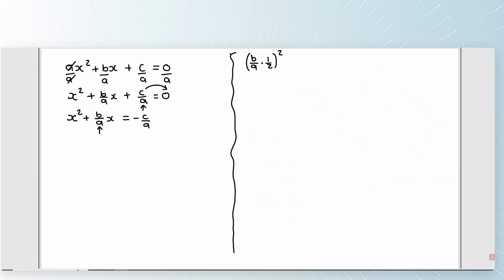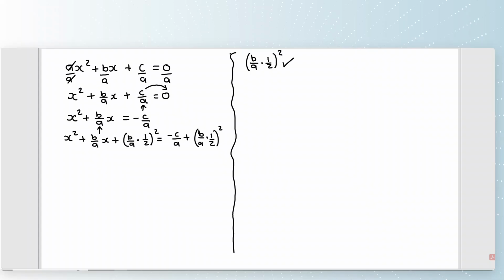So let's bring it in. x squared plus b over a x plus b over a multiplied by half, squared, equals minus c over a plus. Remember, what you do on the left, you must also do on the right. So it's going to be b over a multiplied by half, squared. Right? I hope you're still with me.